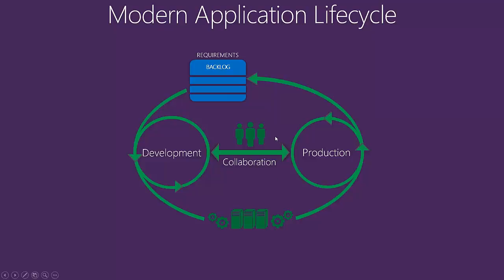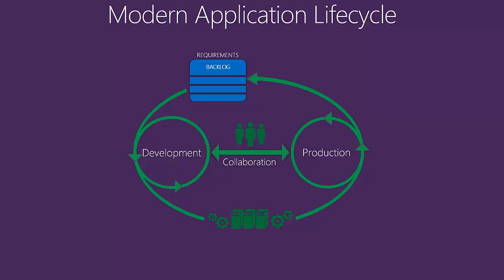But also in the center of this picture is another very important part, the collaboration piece, where there is some monitoring and some activities going on to make sure that the production is running. There are some people who have this responsibility, maybe some DevOps or IT department. Somebody has the responsibility to ensure that the production environment is running all the time.